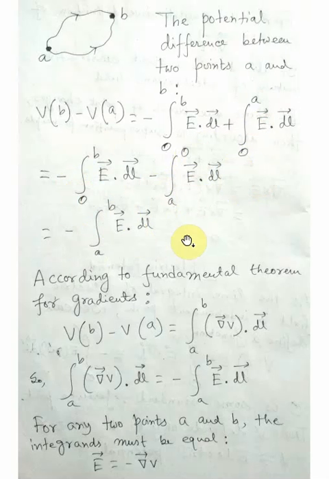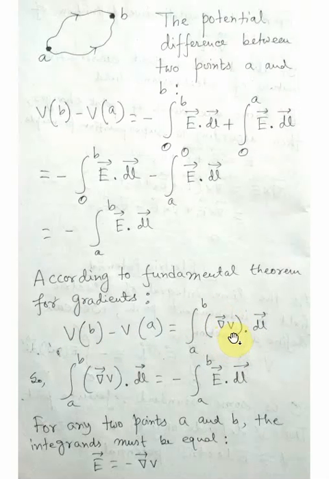Here, if we consider the fundamental theorem of gradients, Vb minus Va is the integral from A to B of gradient V dot dl. So what is the gradient? Gradient V tells us the spatial rate of change of the potential along a particular direction, because del is i del/del x plus j del/del y plus k del/del z.